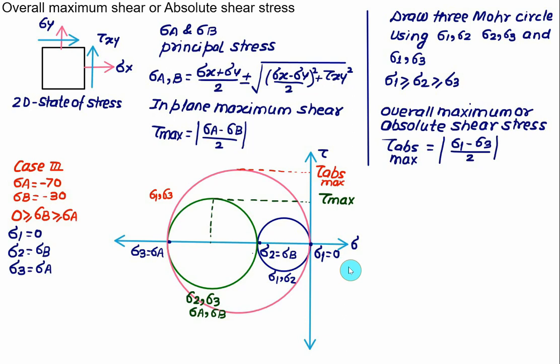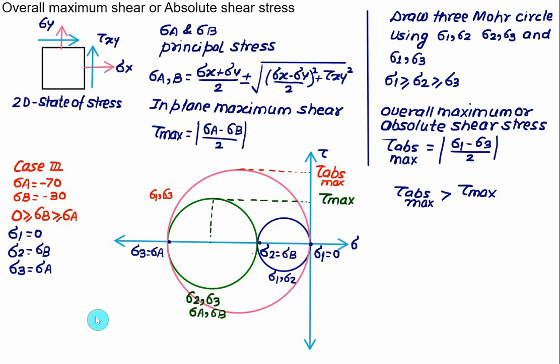So tau absolute maximum shear is normally greater than or equal to the in-plane maximum shear. In this case, the absolute shear stress is greater than the in-plane maximum shear. So these are the three situations that arise in the case of principal stresses for a two-dimensional state of stress.